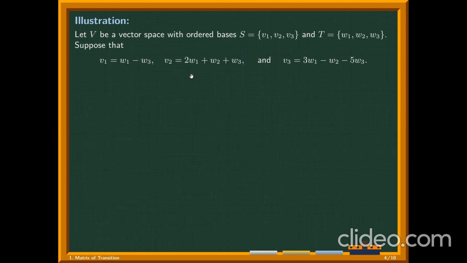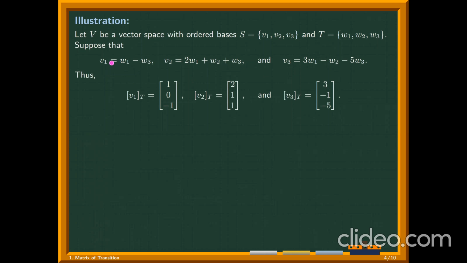Let's suppose that V1, V2, and V3 are given by these linear combinations of elements from T. So these relations actually give us the coordinate vectors of V1, V2, and V3 with respect to T. The first equation tells us that the coordinates of V1 with respect to T are 1, 0, -1, because the coefficient of W1 is 1, coefficient of W2 is 0, and the coefficient of W3 is -1.